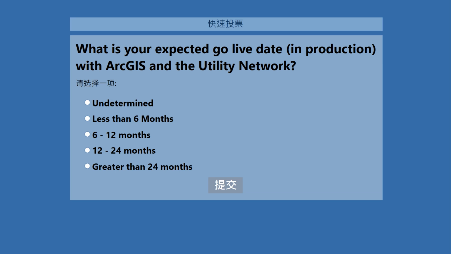Is it undetermined, less than 6 months, 6 to 12 months, 12 to 24 months, or greater than 24 months? Remember, active participation in these polls is highly encouraged. All right, we're going to close the poll so we can see the results.